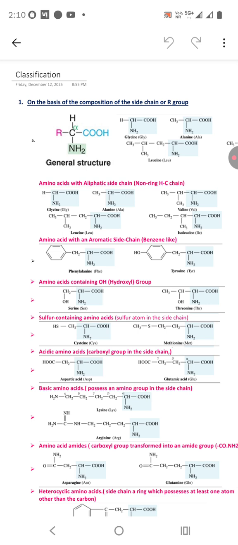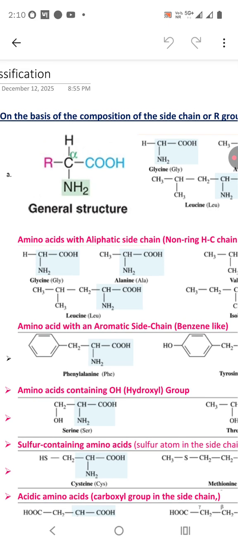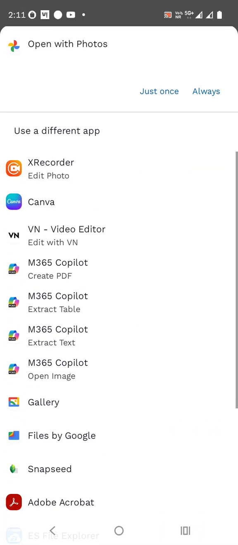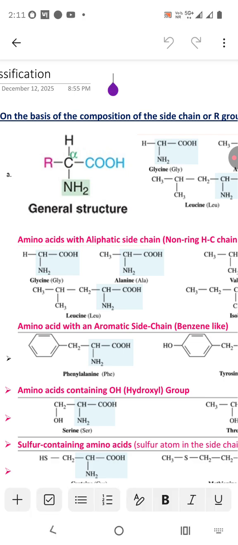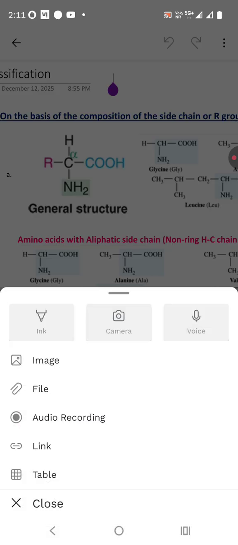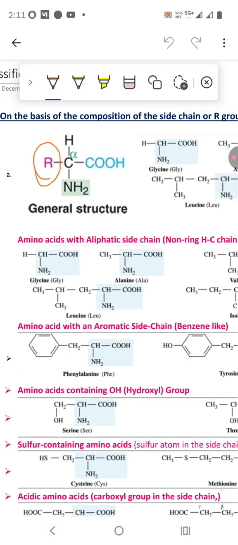Classification on the basis of the composition of the side chain or the R group. So this R is a side chain. This can be anything. This is different to each amino acid.